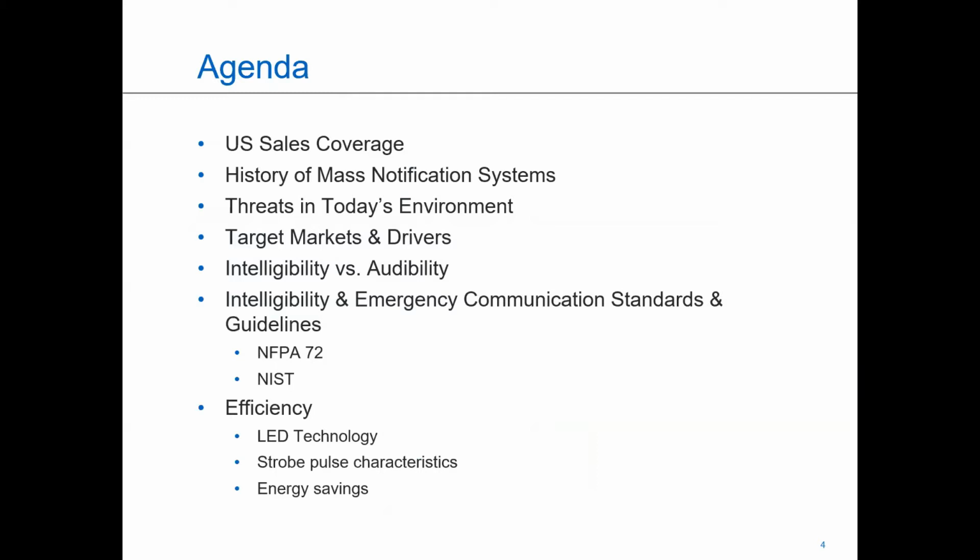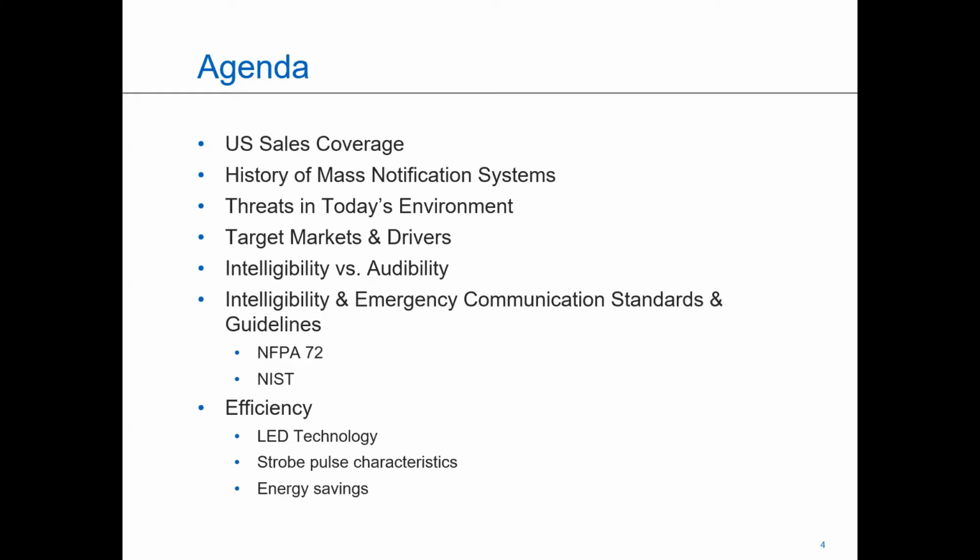A little bit about threats in the environment today and what we face, why we have mass notification, why it's important. Really common sense when you think about the threats that we face. I'll touch briefly on the target markets and drivers, some of the numbers and the money involved, and obviously it's big business.